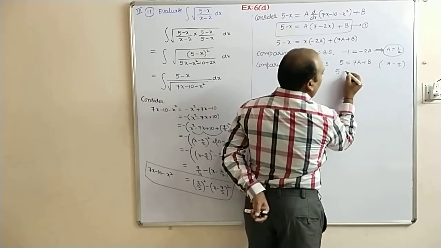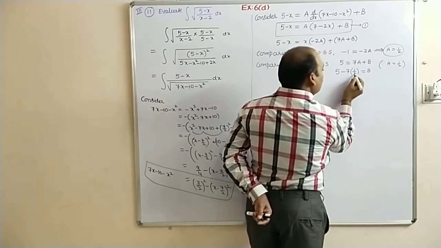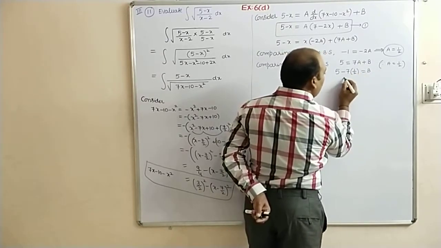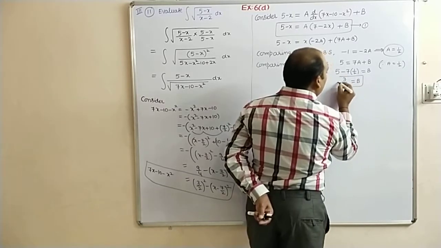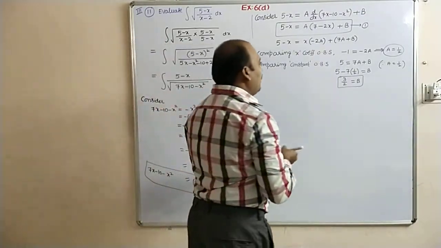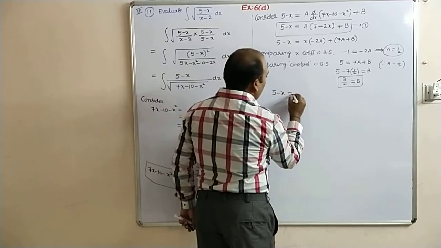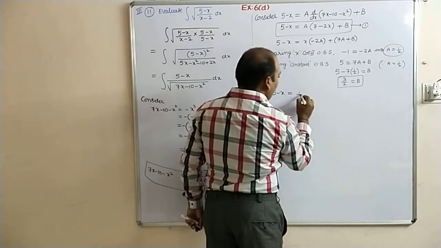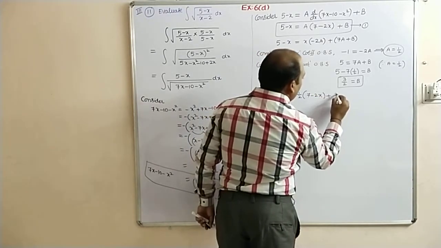So 5 minus 7A, A value is 1 by 2, is equal to B. So 2 5s are 10, 10 minus 7, 3 by 2. So B value is equal to 3 by 2. Now A, B values substitute in equation 1. Therefore 5 minus x is equal to, A value is 1 by 2, into (7 minus 2x) plus 3 by 2.